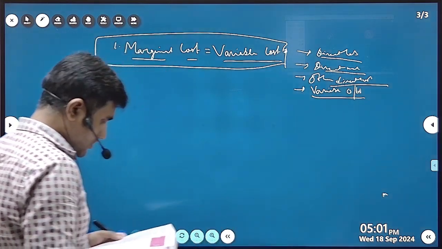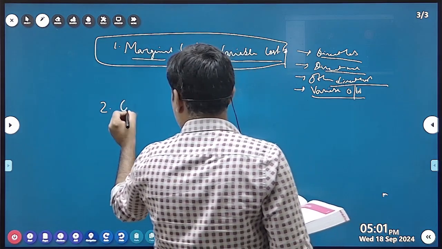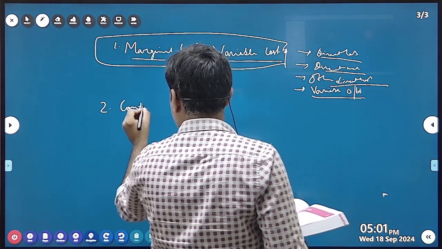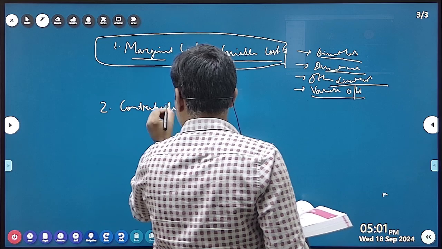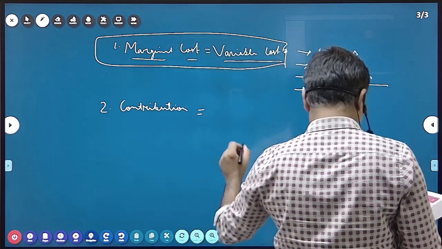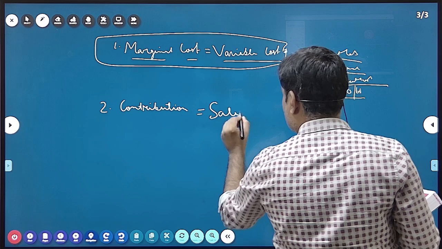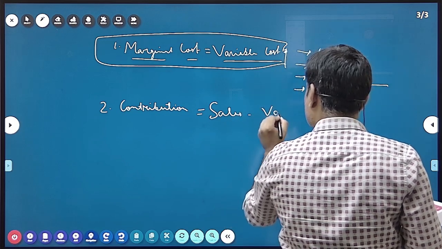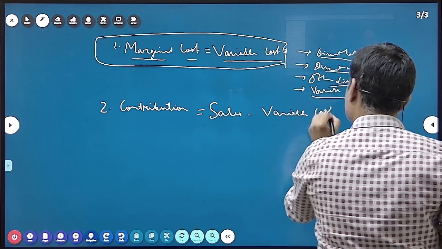Number 2, contribution. Contribution equal to sales minus variable cost.